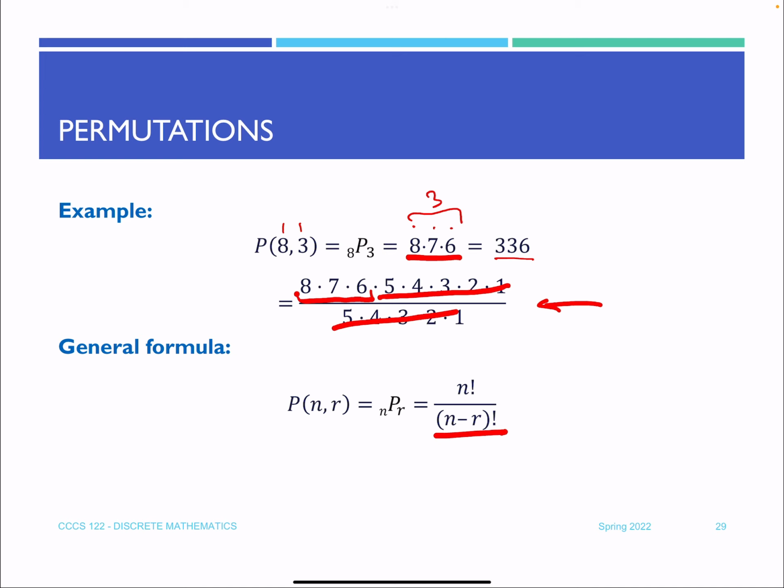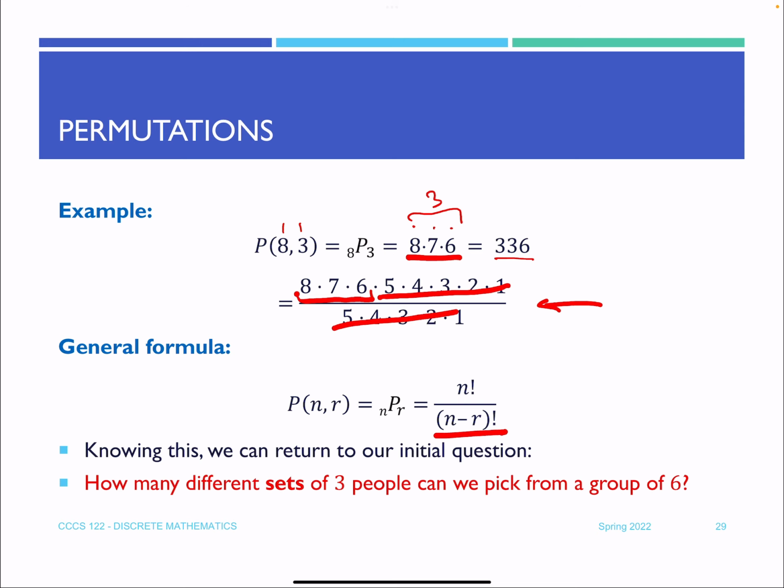Now, how many different sets of 3 people can we pick from a group of 6? And the question is, is permutation the right way to answer this question?